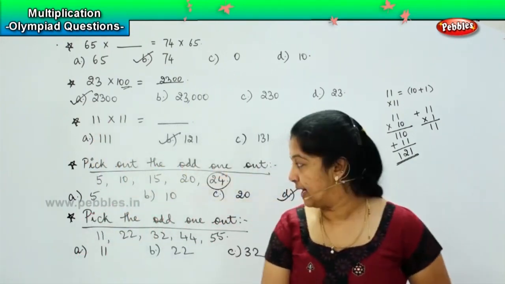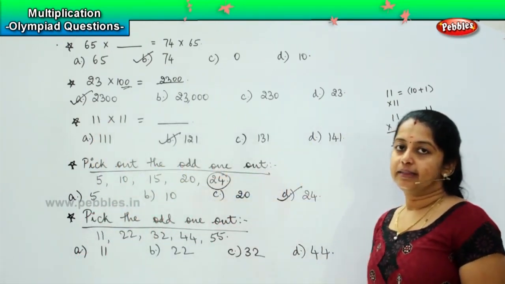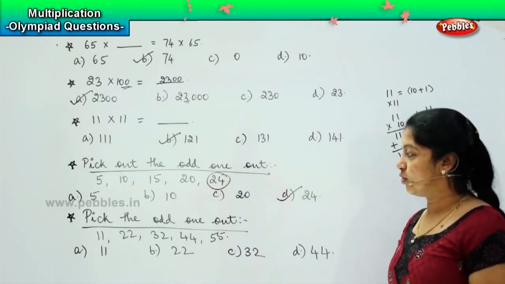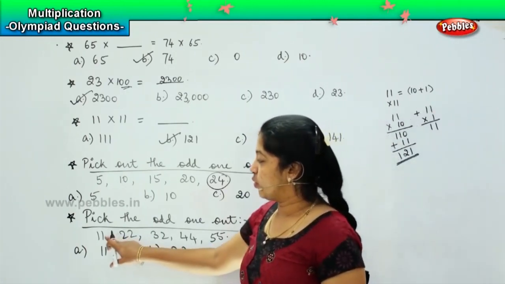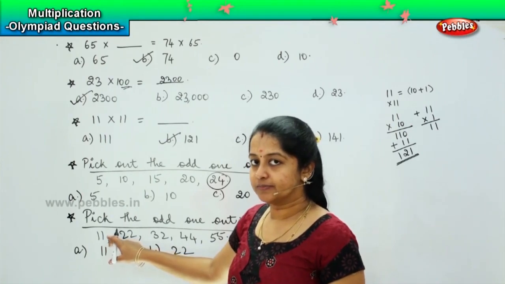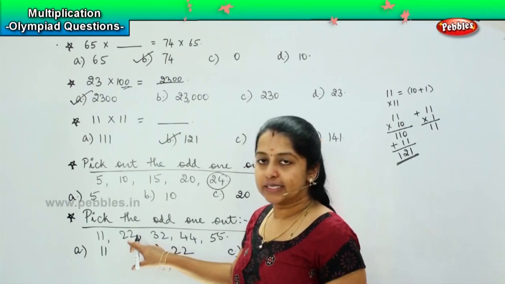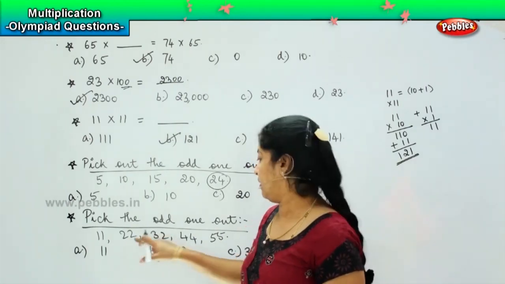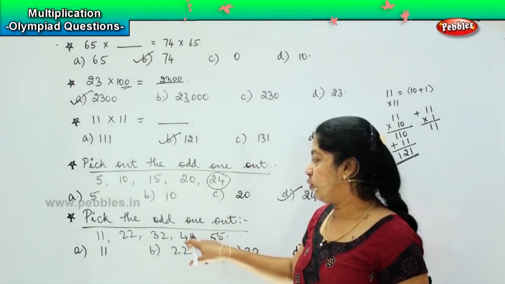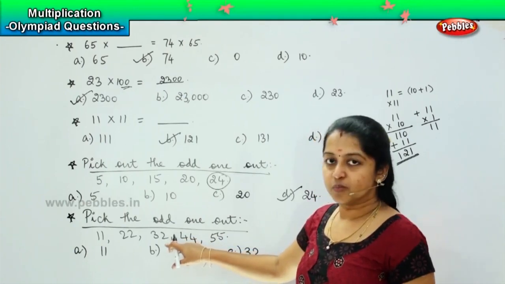Okay. Now, let us see the pattern, that what is the chain being followed here. So, between 22 and 11, what is the gap, children? It is 11. Between 32 and 22, it is 10. Between 32 and 44, it's more, right?